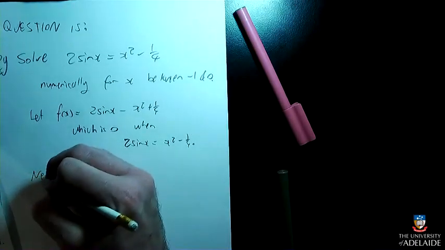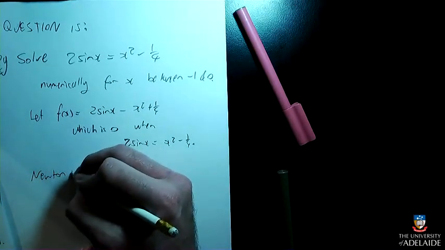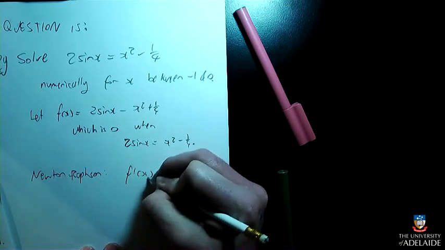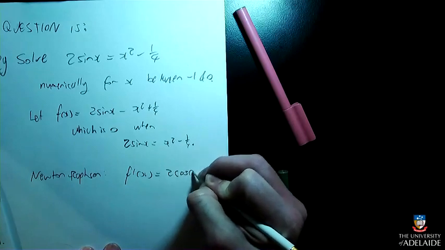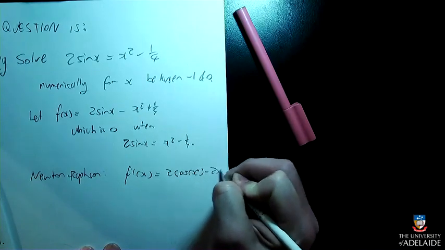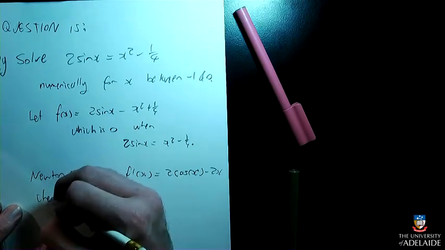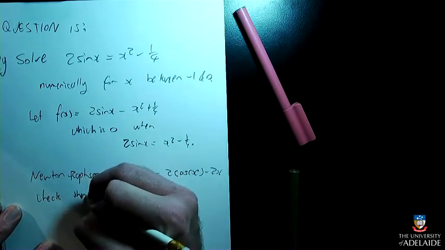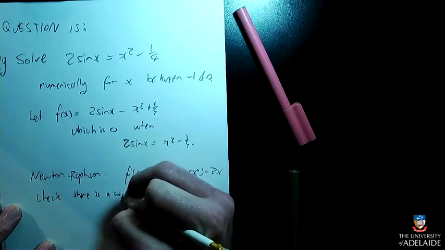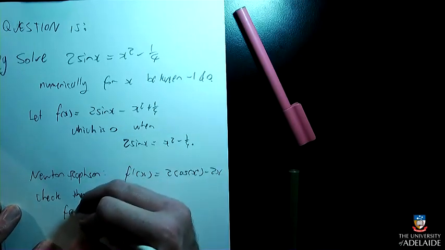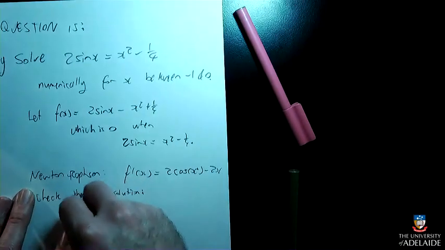For Newton-Raphson, we need f dashed x, which is still 2 cos x minus 2x. And we also need an initial solution. So f of -1.